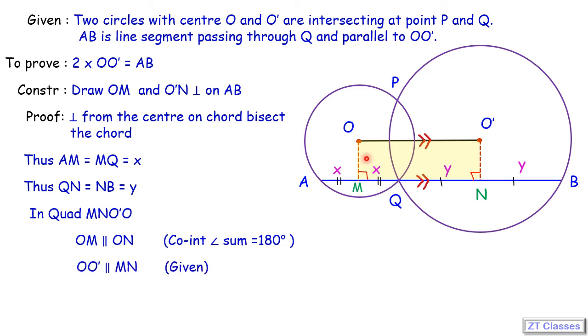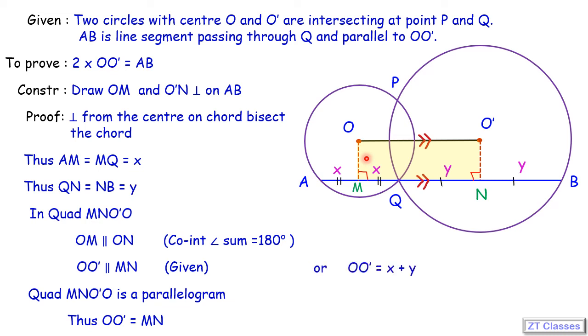So if opposite sides are parallel, we can say this quadrilateral is nothing but a parallelogram, and in parallelogram the opposite sides are equal to each other. So we can say OO dash is equals to MN, but MN, if you see, is nothing but X plus Y.